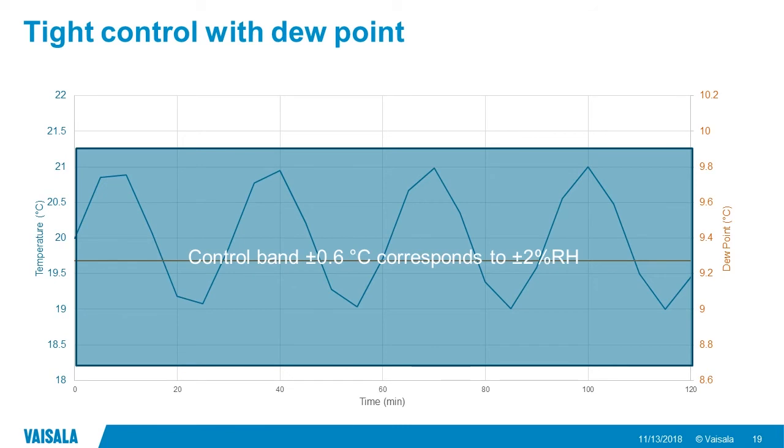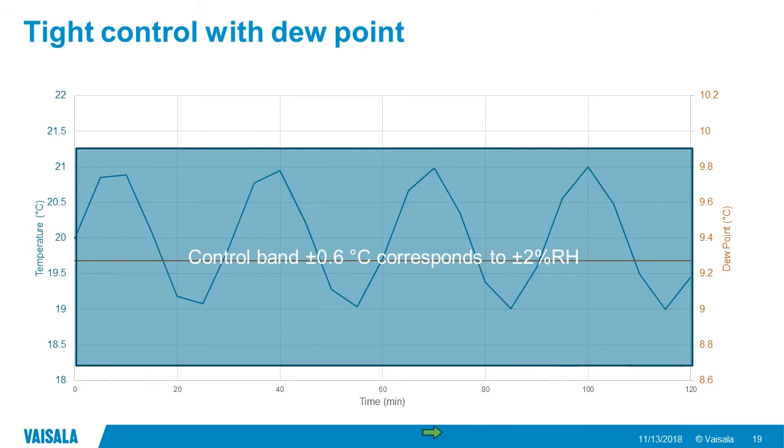So this means that the dew point is actually a very good choice and quite popular in applications where you want to have very tight control of both parameters. So that would be, let's say, dew point laboratories, clean rooms, perhaps a museum. So in that case, dew point is a very good choice.